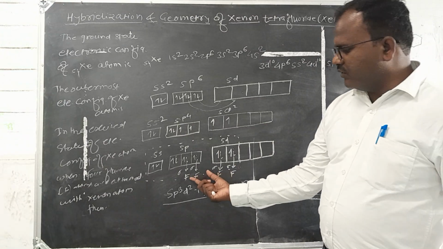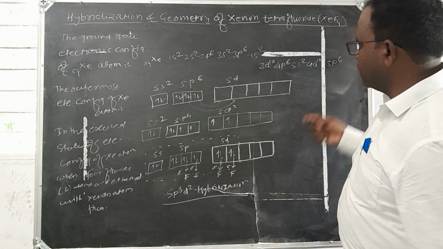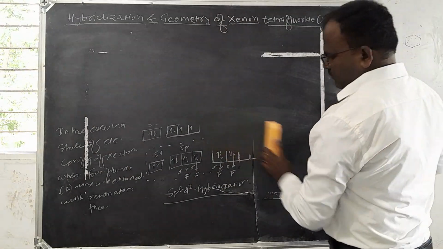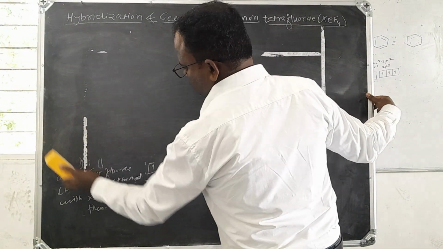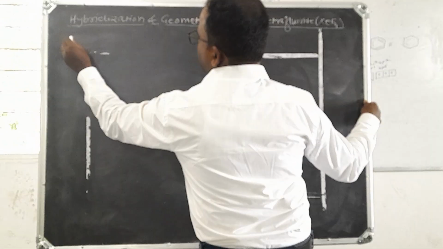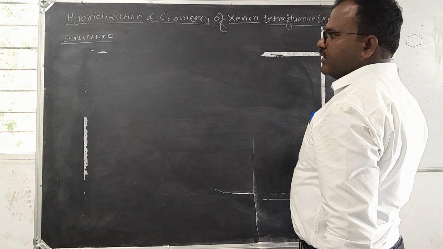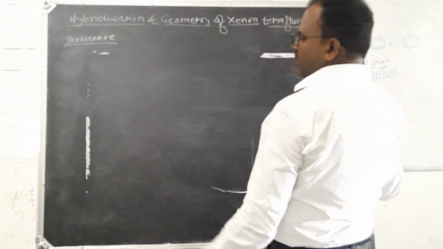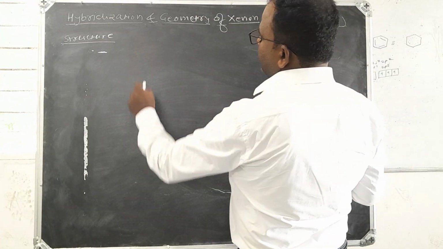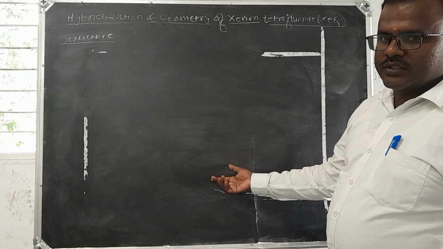That is, tetra means that 4 fluorine atoms are attached to the 4 unpaired electrons present in the xenon atom. Then the structure of xenon tetrafluoride: 2 lone pairs are present.